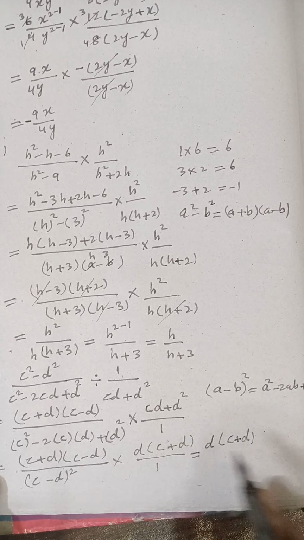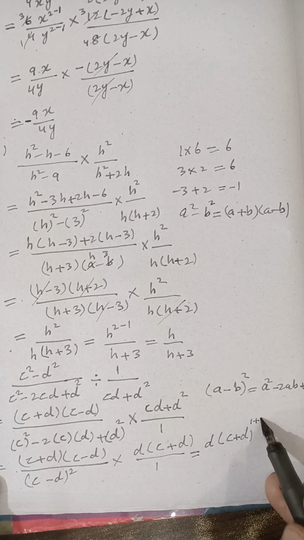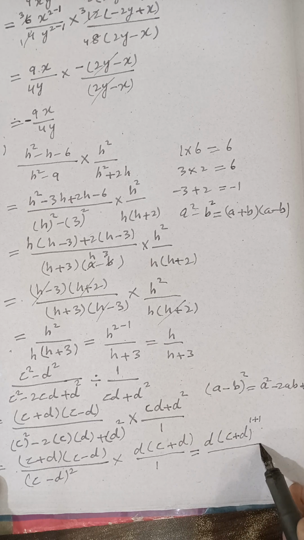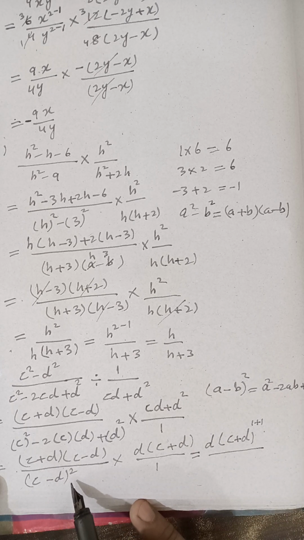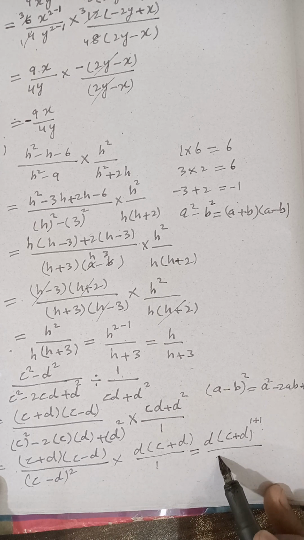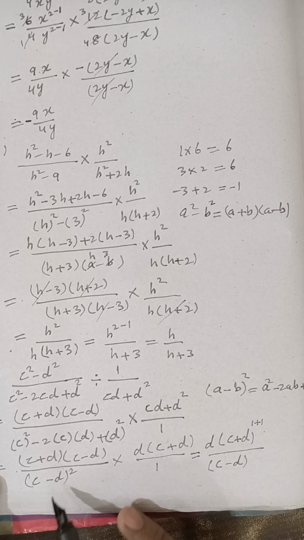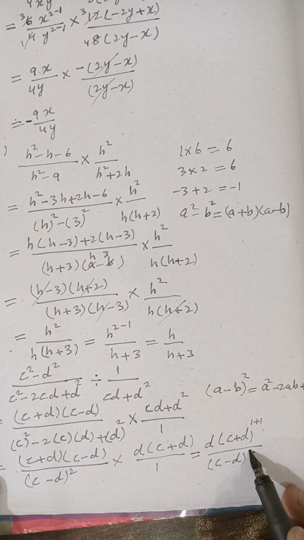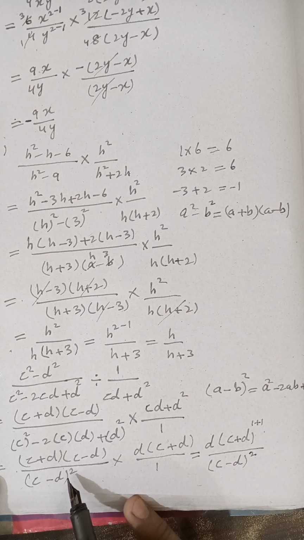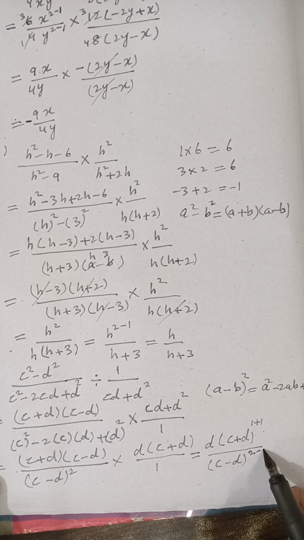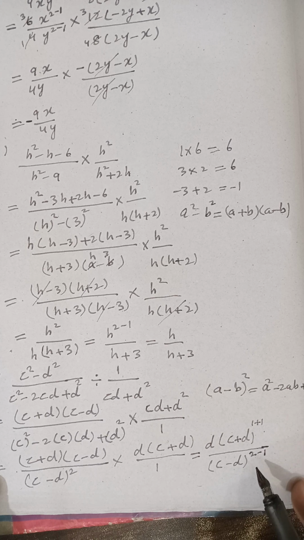This is one time, this is also one time, 1 plus 1, and for c minus d you will choose the denominator, because the denominator has the higher exponent of c minus d. So write c minus d here. This 2 is its degree or exponent, and this c minus d has degree 1. It will become minus 1 when in the denominator.